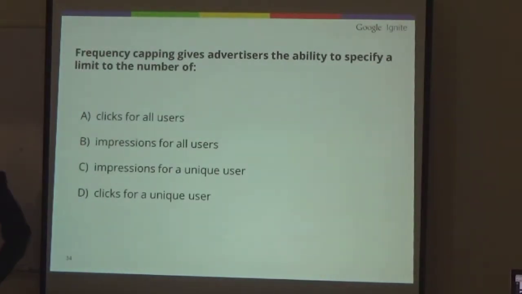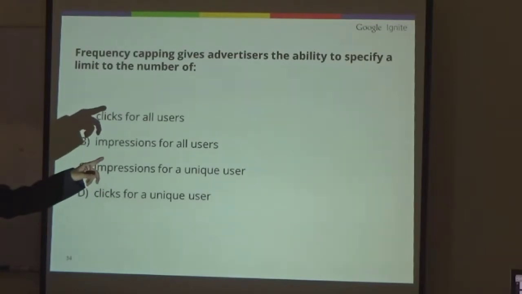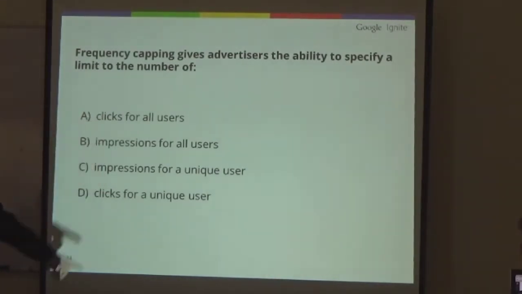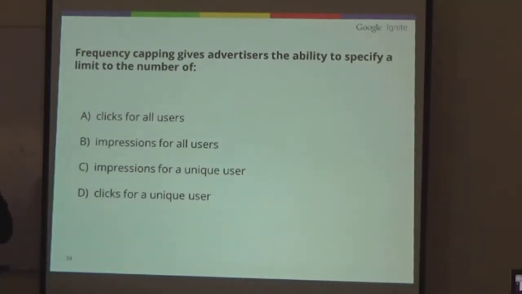Okay, I've accidentally showed. Okay, so frequency capping. What is the definition of frequency capping? Ability to specify a limit to the number of what? You're capping the frequency, the number of times you show your ads. The advertisers, they want to limit the number of times they show the ads to the user. Limit the number of what?